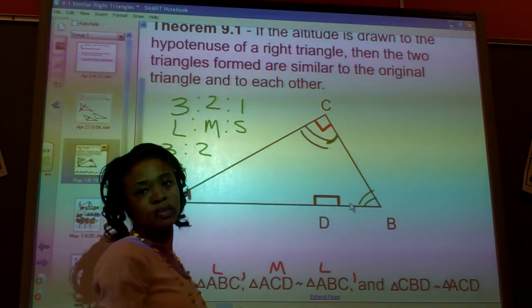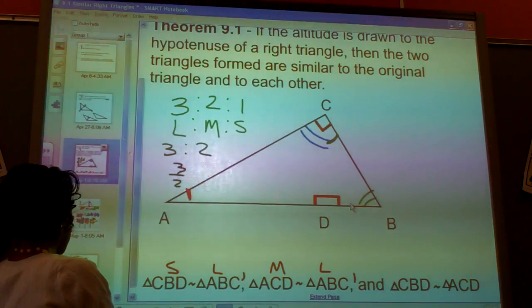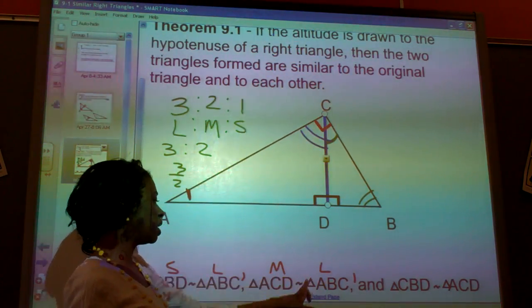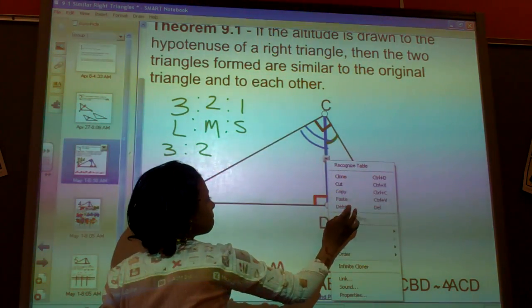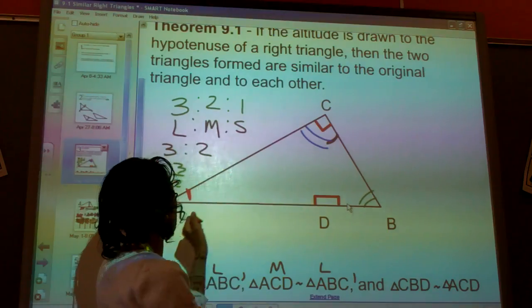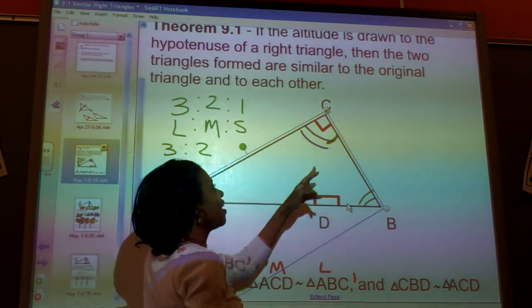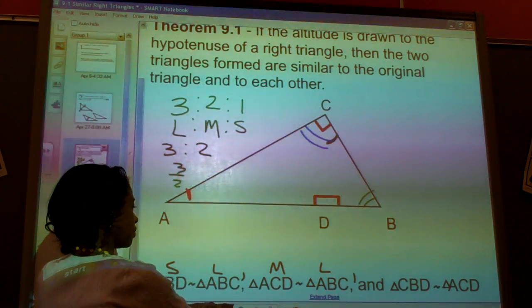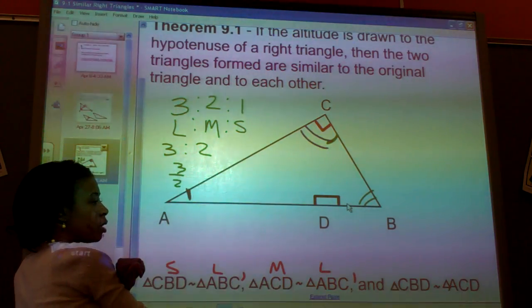And then finally, what's left is the two 90-degree angles. On the medium triangle ACD, D is the 90-degree angle. And if I took that altitude out, you can see on the large triangle, if I'm tracing the large, that C is the 90-degree angle, and there it is, D and C correspond on the medium and large.